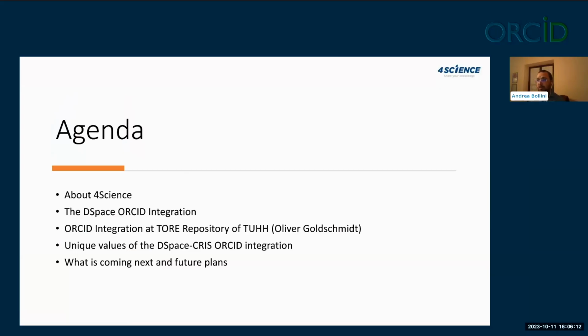I will leave the floor to Oliver to share a real experience of an institution that is using DSpace-CRIS integrated with ORCID. And after his presentation, and a live demo, we are going to analyze together which are the unique values of DSpace-CRIS and what is coming next and the future plan.